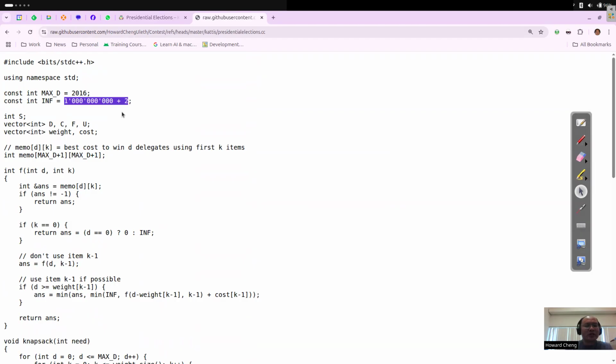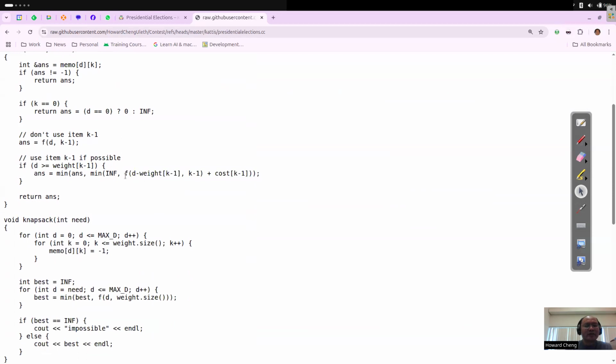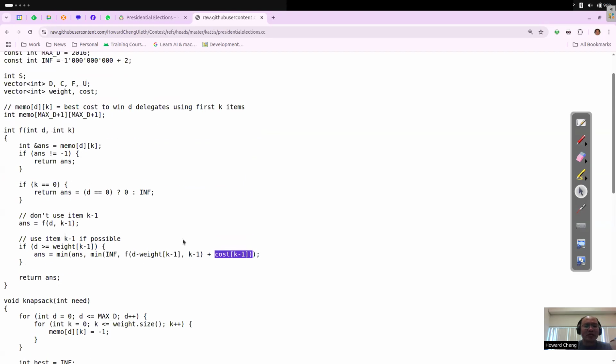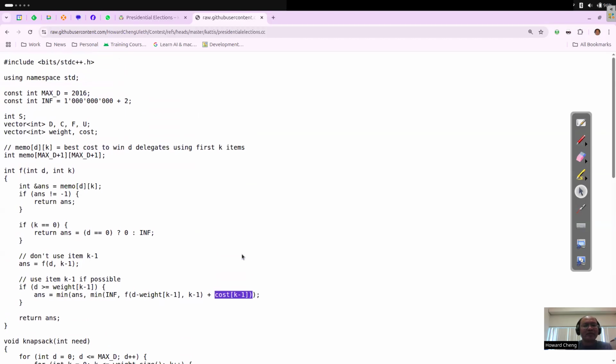And I like to have it a little bit over 1 billion, because in case I do this part, in case this part comes back infinity, and this part is about 1 billion because I can have up to 1 billion voters, these two numbers added together can be at most 2 billion. And 2 billion still fits inside a normal 32-bit integer. Okay, so I think this infinity is chosen a bit carefully here.